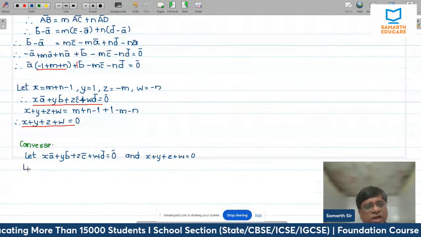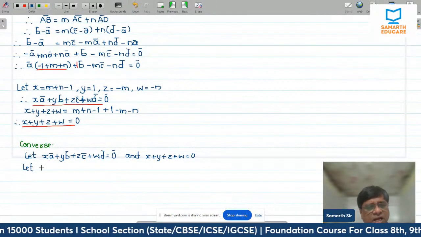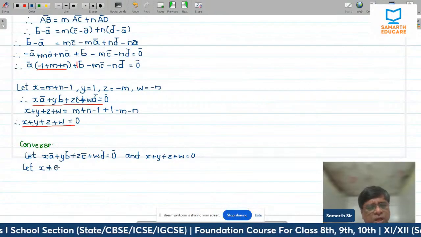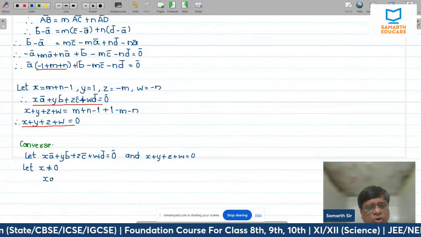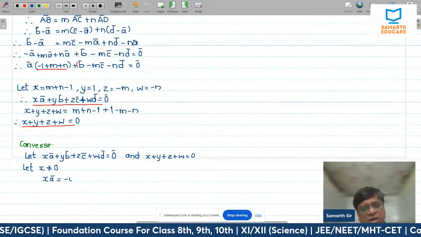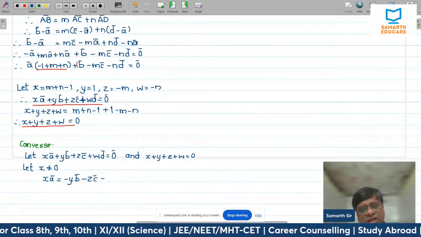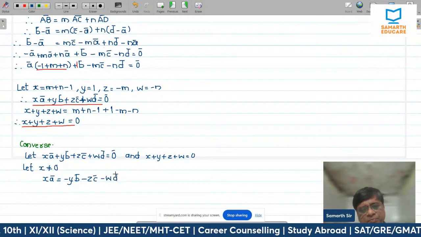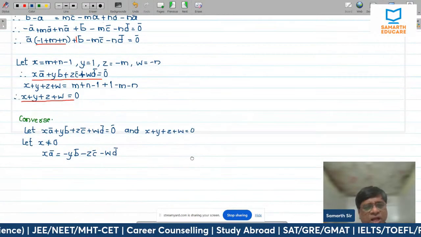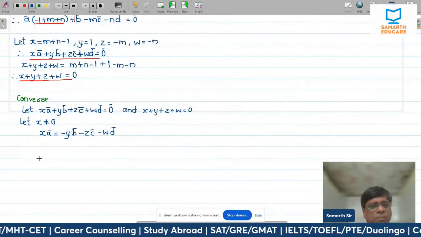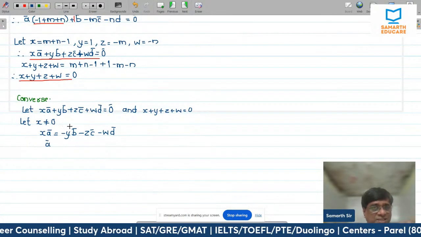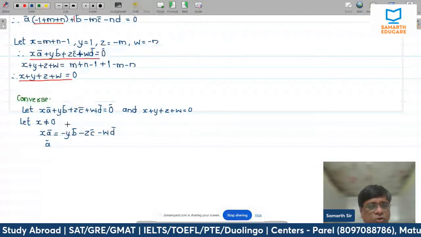Let me right now say that x is not equal to 0. Now, if x is not equal to 0, the above equation can be written as x a bar is equal to minus y b bar minus z c bar minus w d bar. All right. Now, because x is not equal to 0, we can divide by x.